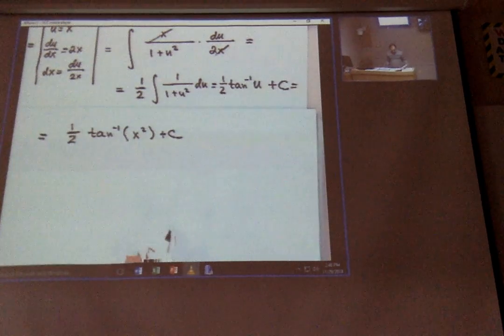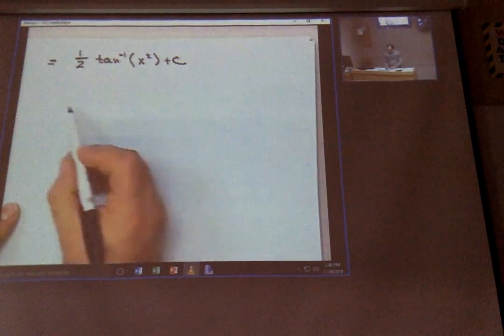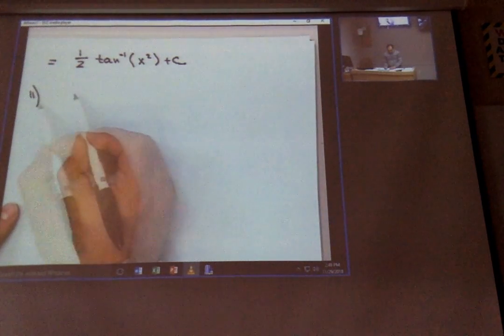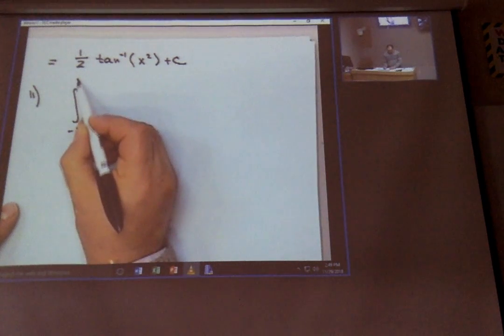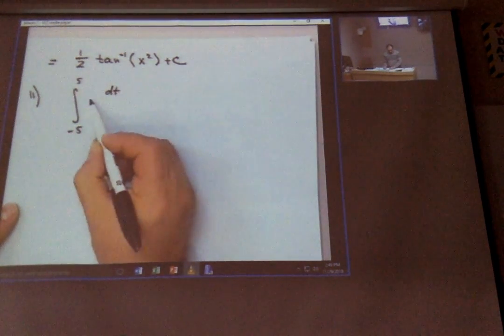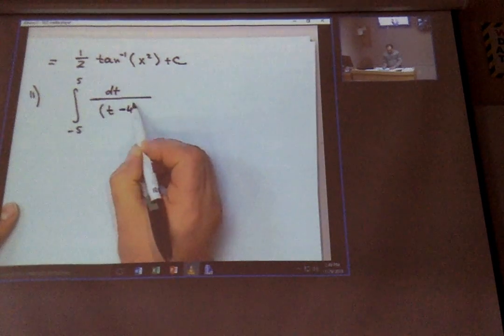And let's take a look at the last one. From integrals. So the last one, 11, will have the integral from -5 to 5, dt over t minus 4 quantity squared.